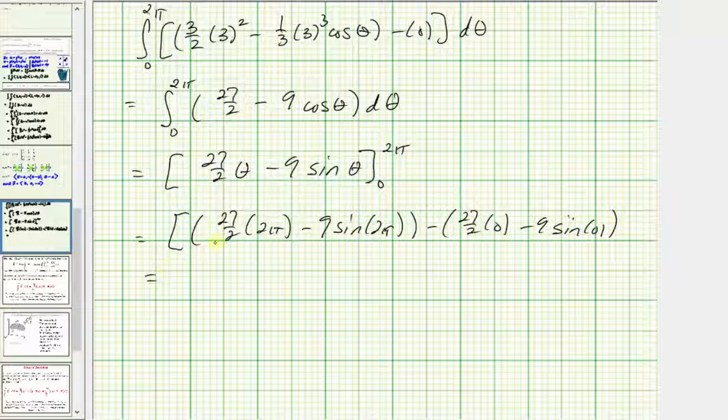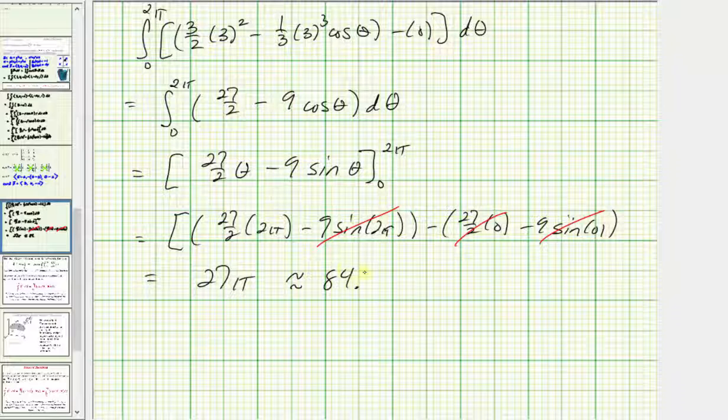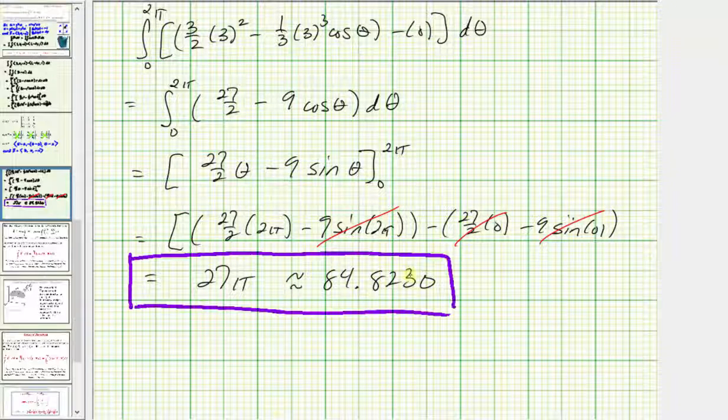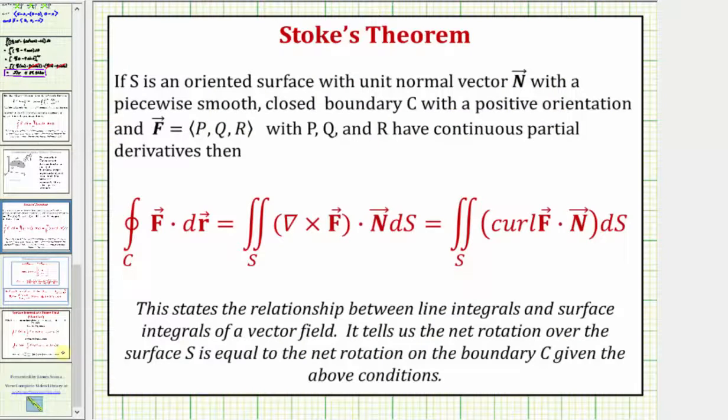So simplifying, here we get 27 pi. Well, sine 2 pi is 0. This is 0, and this is 0. So the exact value is 27 pi, which is approximately 84.8230.